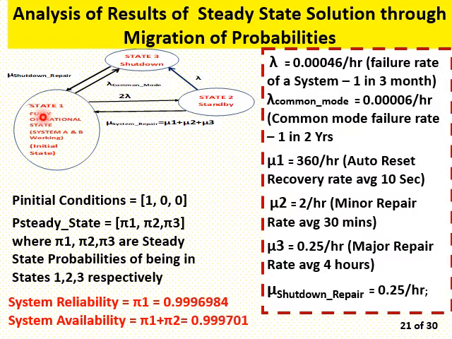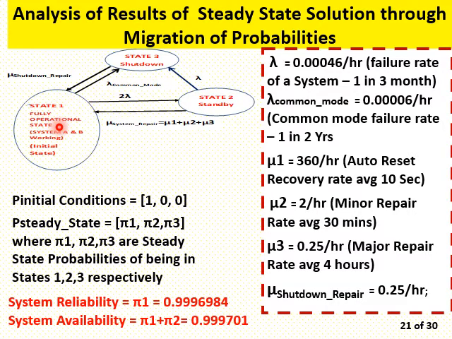In this case, it represents state 1. The initial condition is given here. The probability of being in state 1 is 1 in the initial state, and the probability of being in state 2 and state 3 is 0.